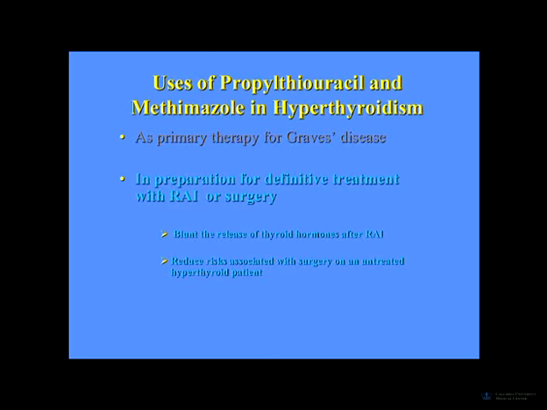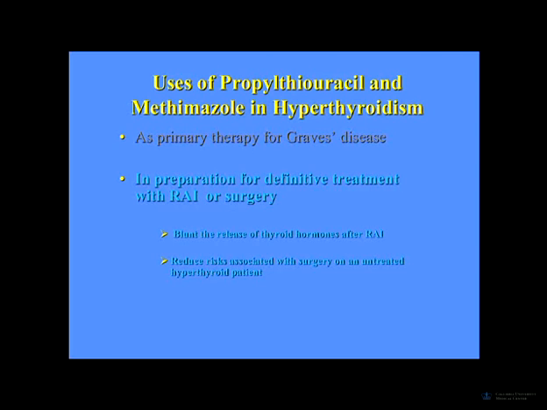The thioureas are also used in preparation for definitive treatment with radioactive iodine or surgery. By decreasing the amount of preformed thyroid hormone, you blunt the release of thyroid hormone after radioactive iodide therapy.